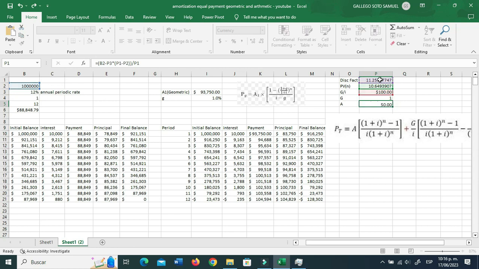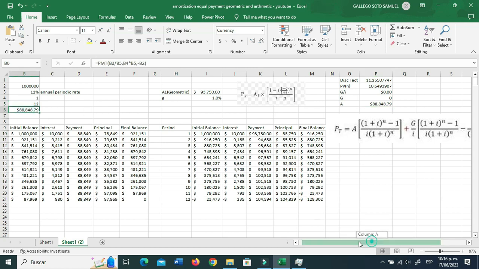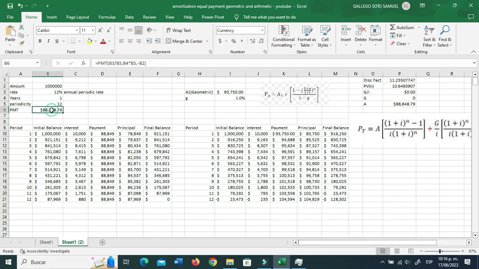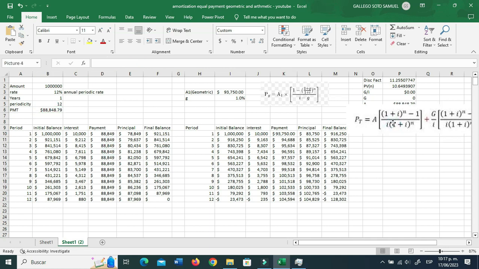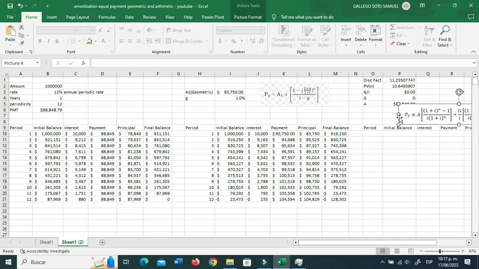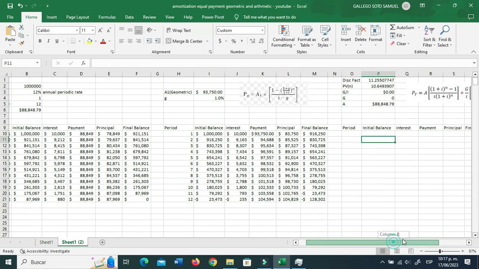Now we know it's okay because it varies very, very little, and if you go to 0, this should be matching the payments in the equal payments amortization table. So let's leave it right over here.